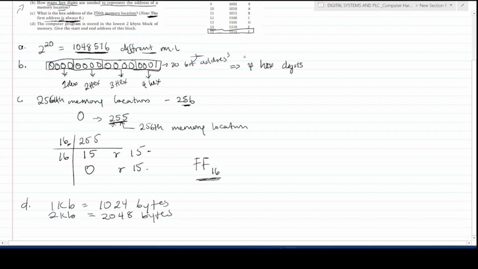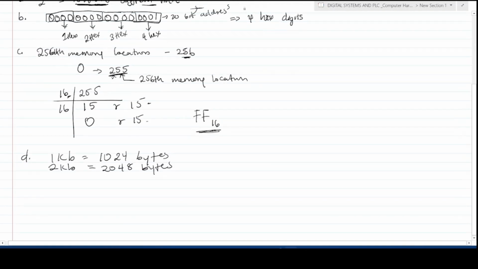So now I know the number of bytes in my system, I can now know my memory address. My memory address will start from 0, all the way to 2047. Since the total is 2048, and we're starting from 0, it's going to stop at 2047.